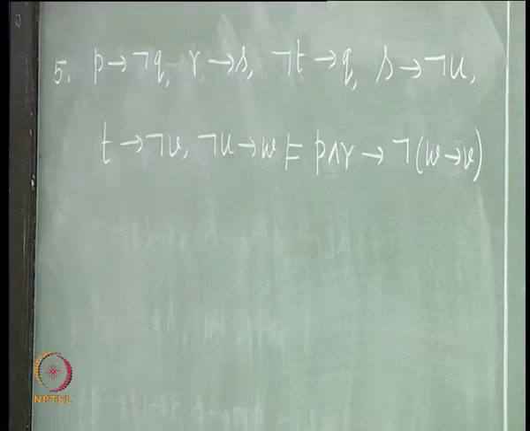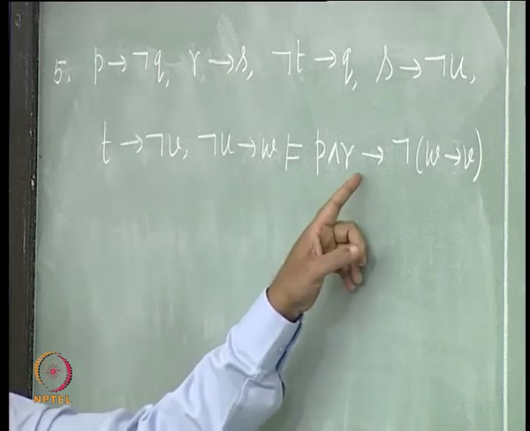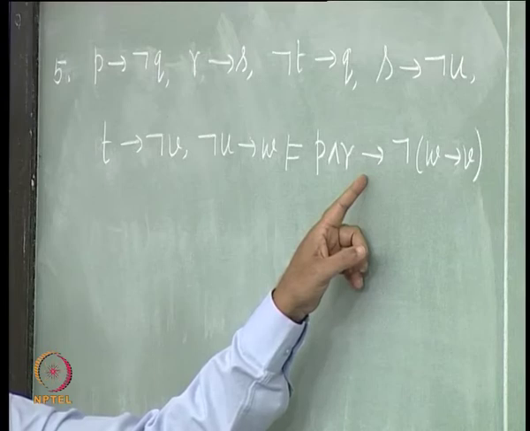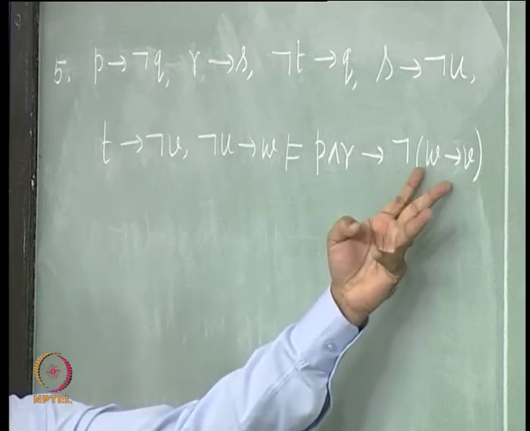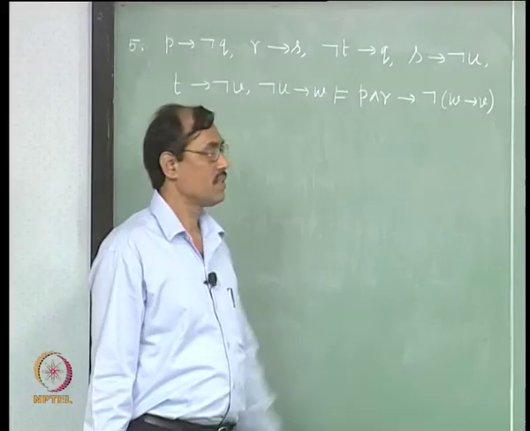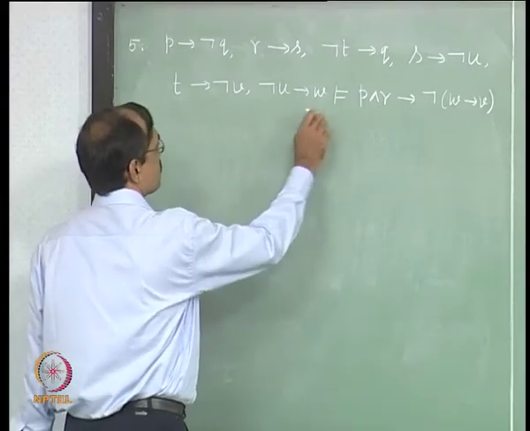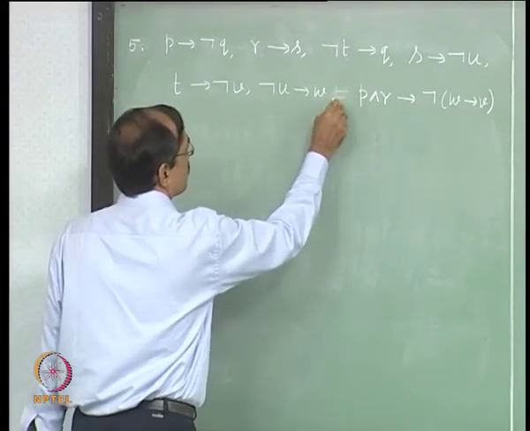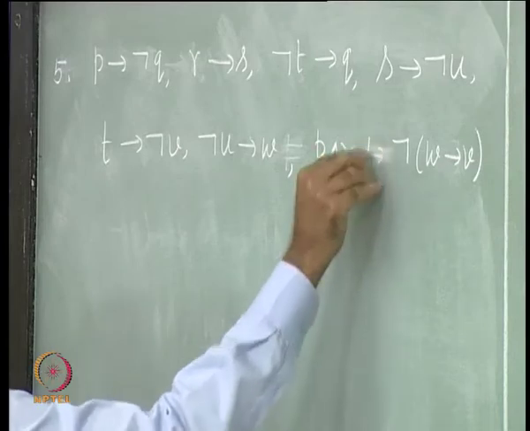Since it is an implication, we can simply start with P and R as a new premise, and your conclusion will be this one only, right. So by deduction theorem, it is enough to do this entailment.